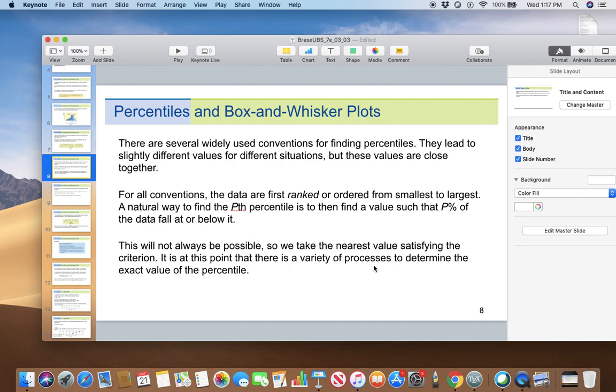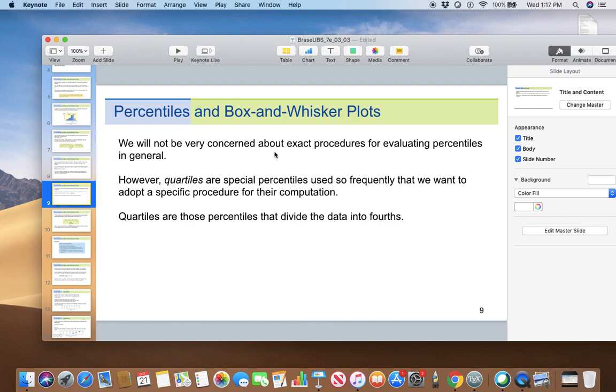It's at this point that there is a variety of processes to determine the exact value of the percentile. We will not be very concerned about the exact procedures for evaluating percentiles in general. However, quartiles are special percentiles used so frequently that we want to adopt a specific procedure for their computation.